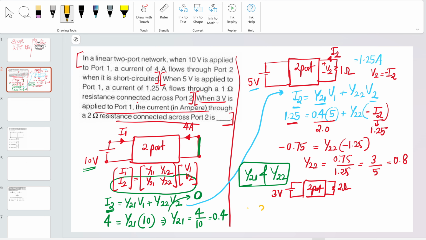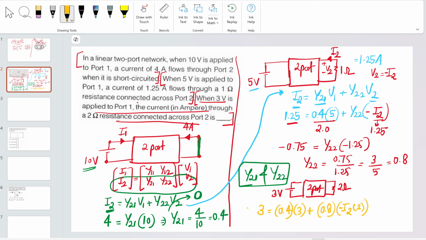We have V1 equal to 3. What is the value of y21? We have got 0.4, so 0.4 times V1, where V1 is 3, plus y22, which is 0.8. What we need is the current across the 2 ohm. V2 will be equal to minus I2 multiplied by 2.